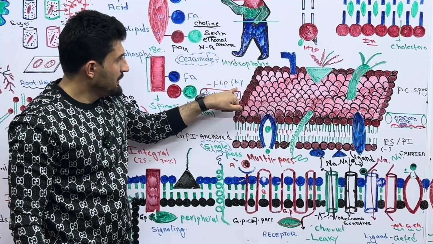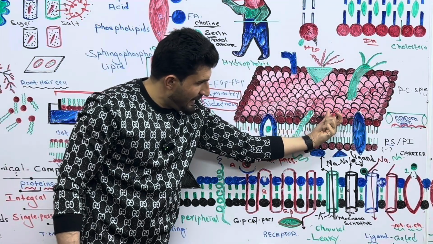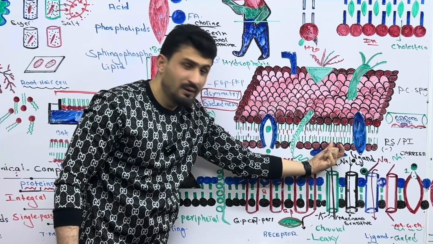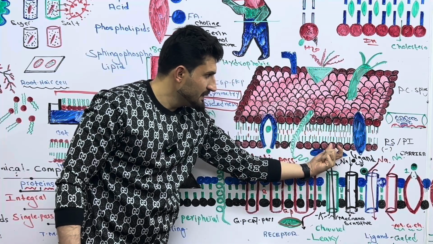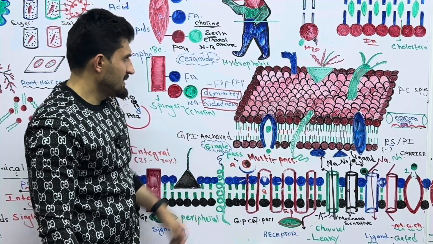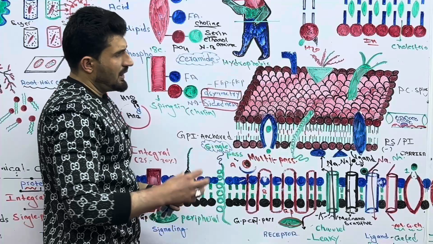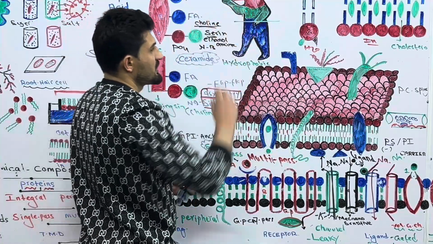The flip-flop mechanism means that some lipids have the capability to dive from the inner leaflet to the outer leaflet, or the reverse. Okay, it's not very important. We have a new idea in the fluid mosaic model.